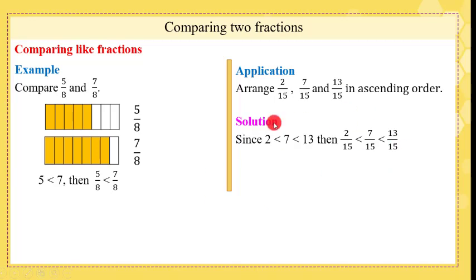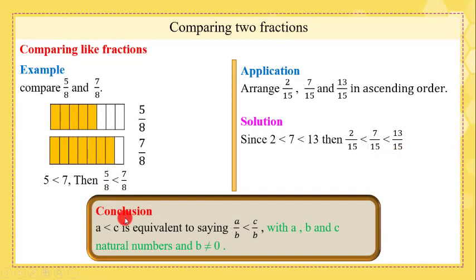In fact, it is enough to compare their numerators because the denominator is the same. In conclusion, A less than C is equivalent to saying A/B less than C/B, with A, B, and C natural numbers and B different from 0.